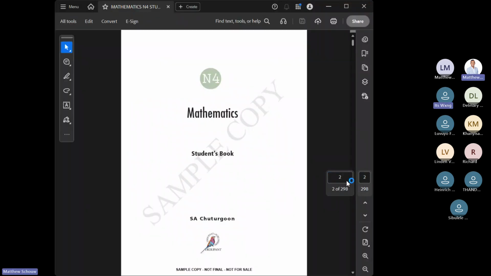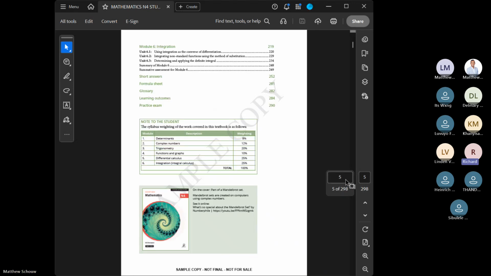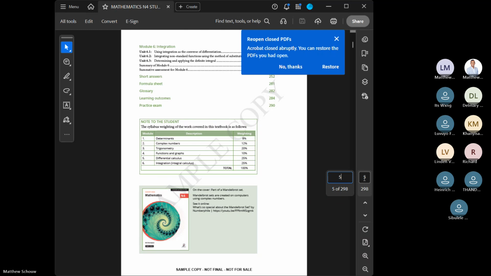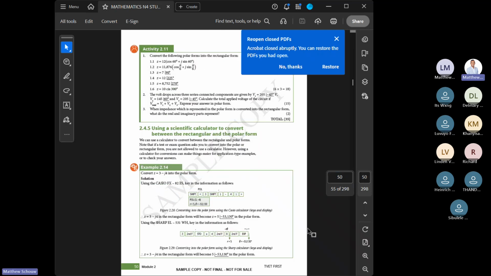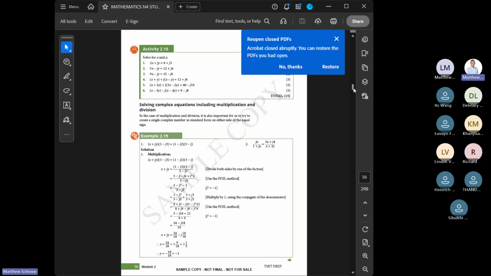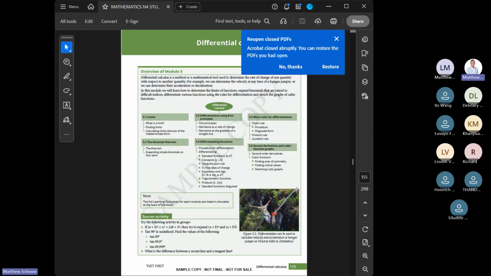Can you guys see it? Oh man, page 50. All right, 50. There you go. Cool. It's dropping. Yeah, so here we go.